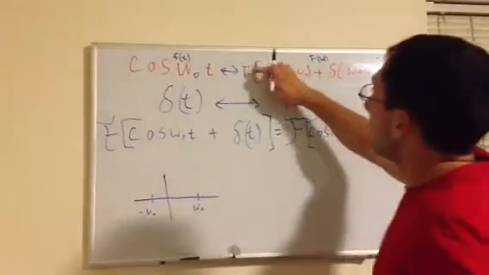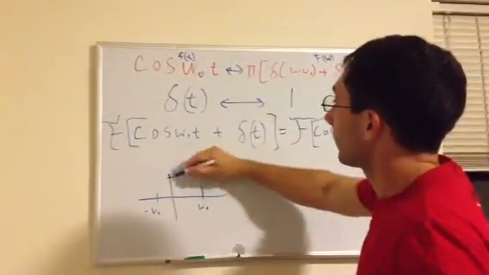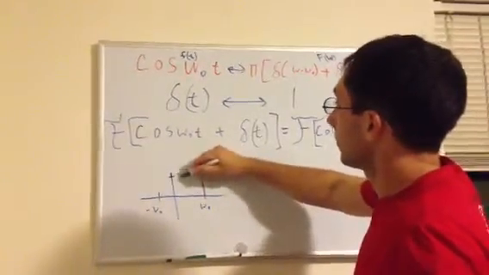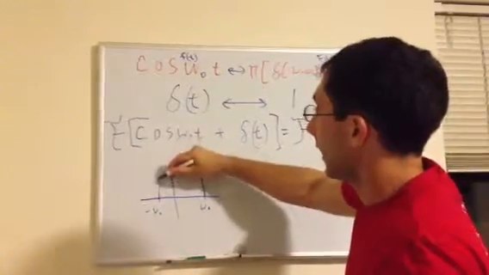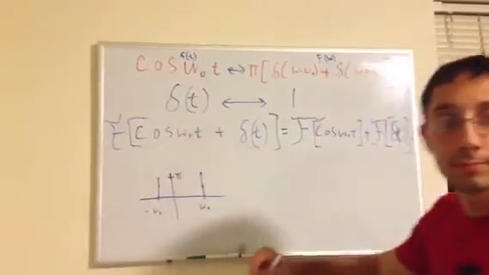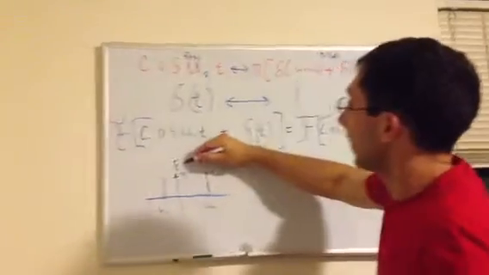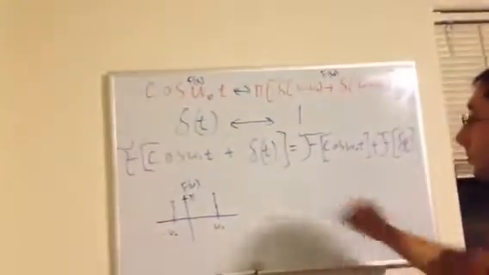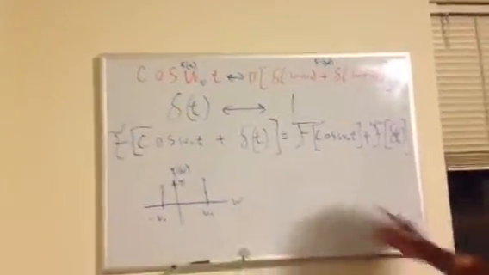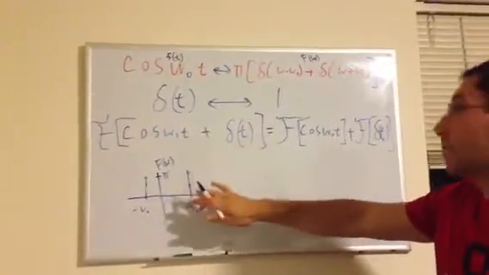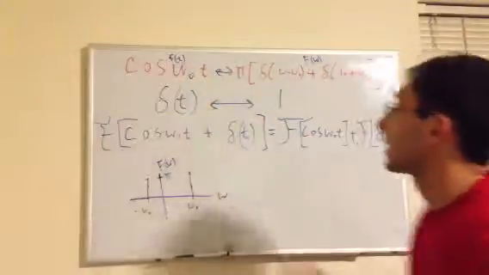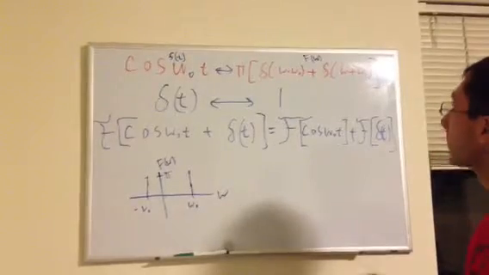So it's pi and pi. And this is your amplitude density spectrum for this cosine. Easy enough.